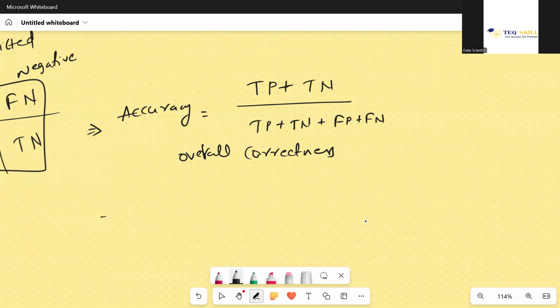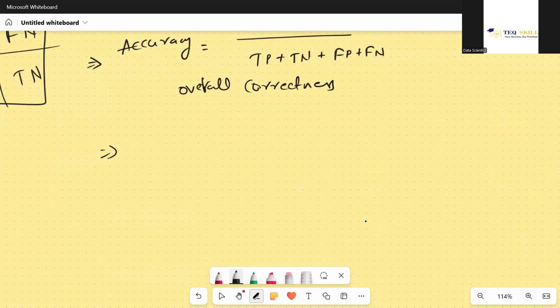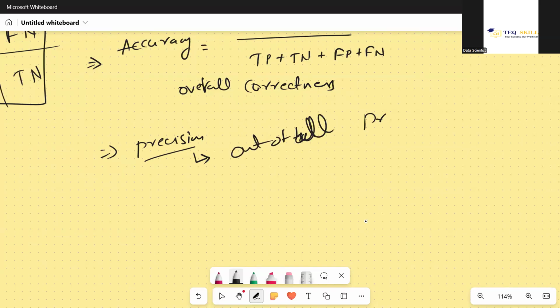Next one is precision. These metrics depend upon the situation, so we can use different metrics. Precision tells us: out of all predicted positives, how many are actually positives?